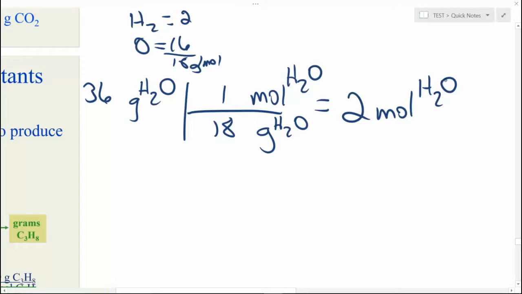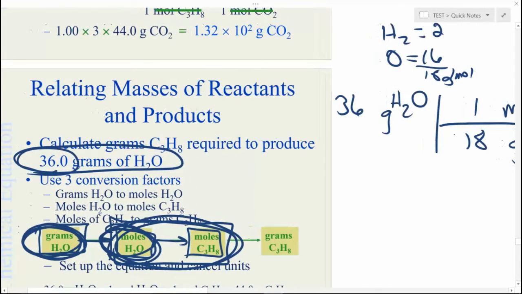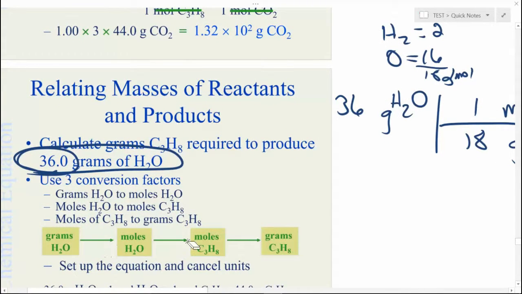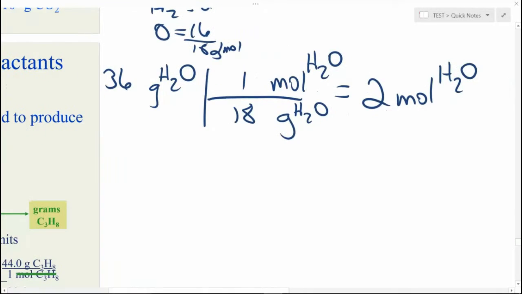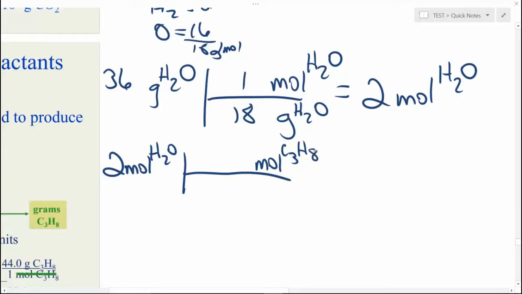So if I had produced 2 moles of water, the next question is, from 2 moles of water, how many moles of C3H8 were required to react to produce it? So this is the stoichiometry part: 2 moles of water, and I'm going to convert that to the moles of C3H8.